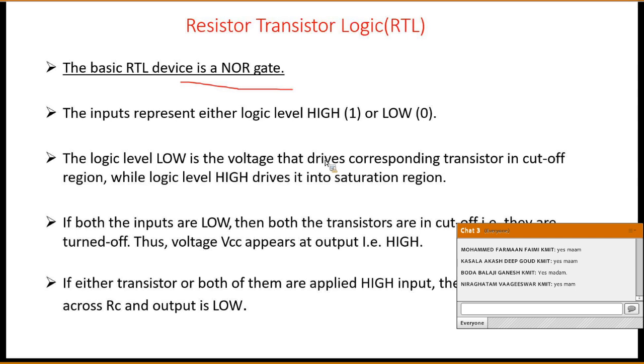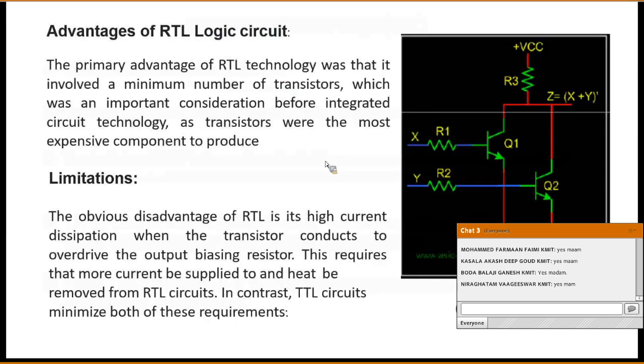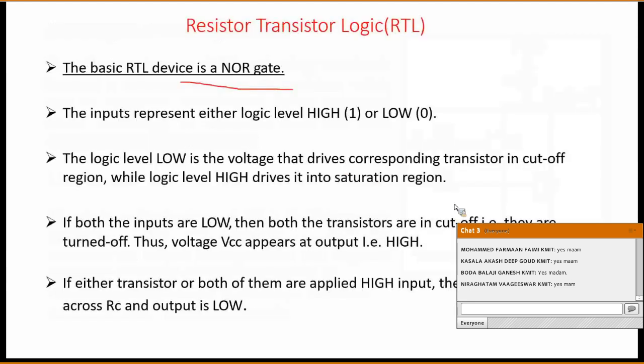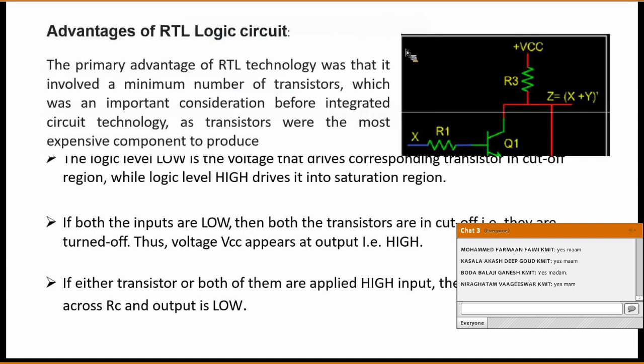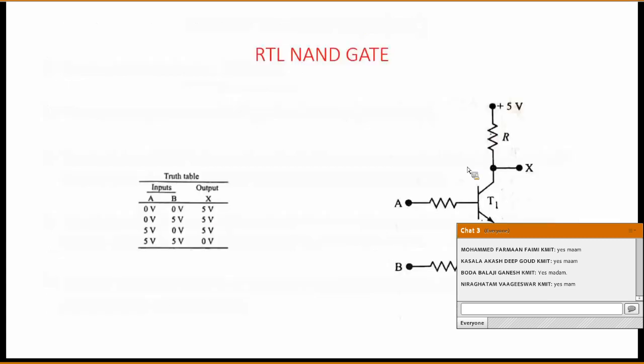So here there is a circuit, and the operation of the circuit is written here. You remember this point? The basic RTL device is NOR gate. So in RTL devices, we are using resistors and transistors. Here is the circuit shown.